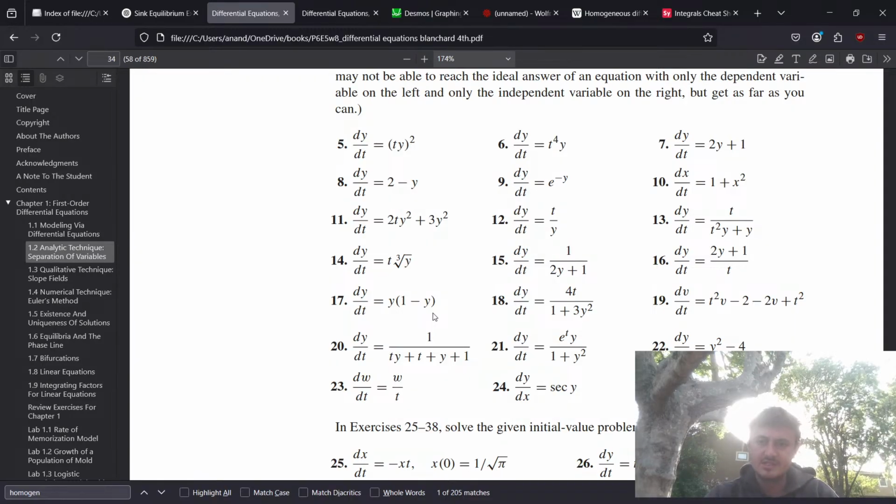I'm feeling good because these are working for me. y dy is equal to t dt. We're going to get y squared over 2 is equal to t squared over 2 plus c. Multiplied by 2, we get y squared is equal to t squared plus c. Then we square root, and we get y of t is equal to the square root of t squared plus c.